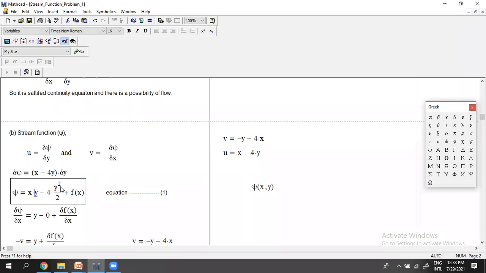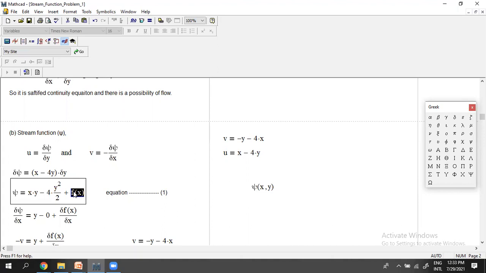Now, what is this one? Del phi by del y equal to u. So right over here, you can say this is constant, but this might not be constant.